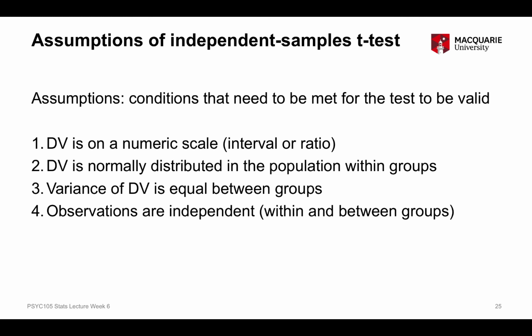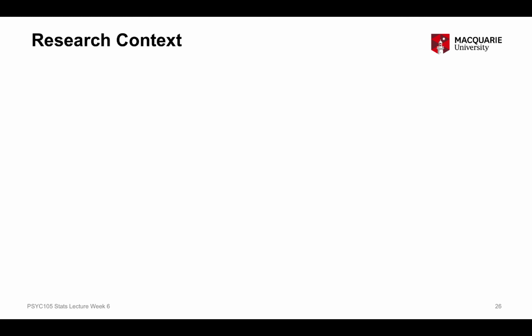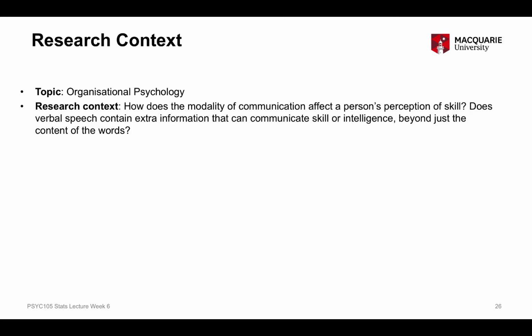We'll test those particular assumptions in a second, but let's talk about the research context for this example. Again, this is a different example from the previous one. This one is in the context of organizational psychology. What we're looking at here is whether the modality of communication can affect a person's perception of skill. Modality is how the information is actually communicated, whether through verbal speech or through written words.